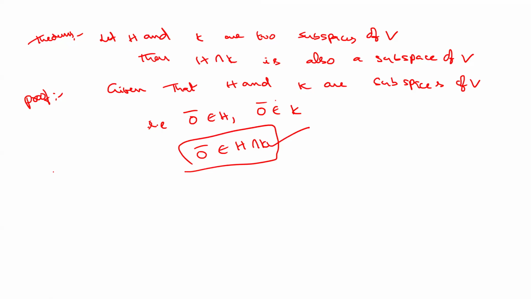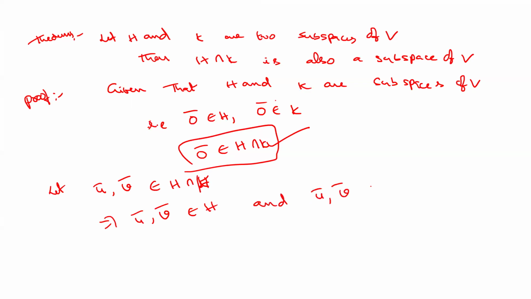First condition is true. Let u, v belong to H intersection K. That means u, v belong to H and u, v belong to K. Because u, v belong to H intersection K, u, v belong to H and u, v belong to K. That means since H is a subspace, u + v belongs to H and u + v belongs to K. Why?